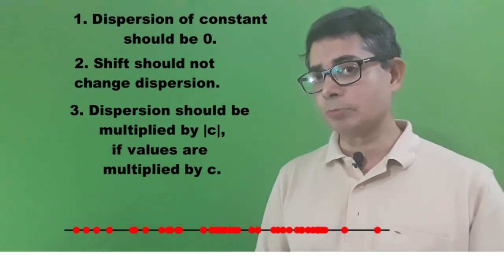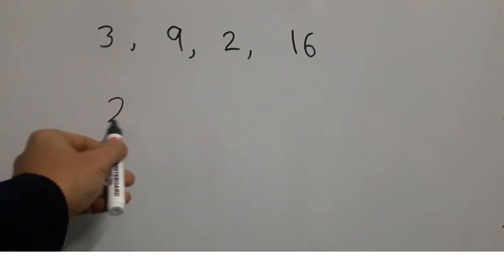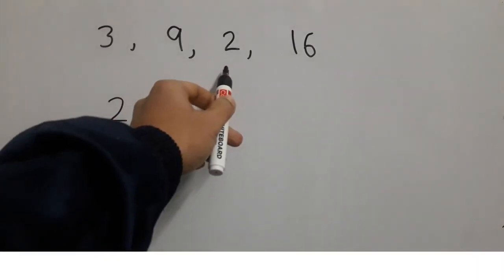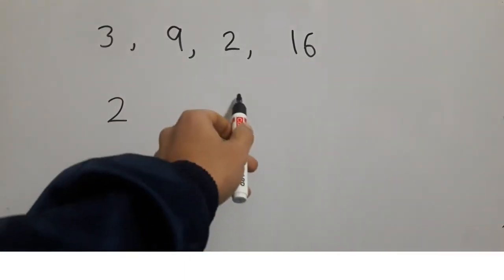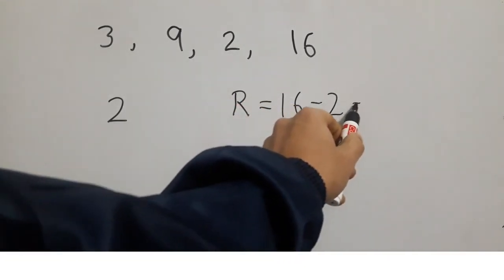Does range satisfy this property? Let's see. We are going to show that if I multiply all my numbers, this is my data set, by some fixed constant, suppose I multiply everything with 2, then the range also gets multiplied by 2. Well, what is the range here? This is the minimum and this is the maximum. So here range is 16 minus 2, that is 14.